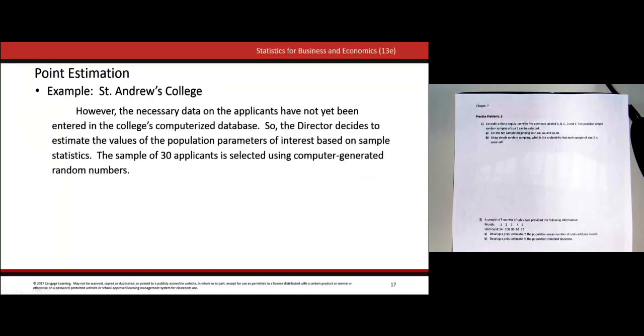And the necessary data on the applicants have not yet been entered in the college's computerized database. So the director decides to estimate the values of the population parameters of interest based on the sample statistics, because they only have a few hours and the data are not in the computerized database.